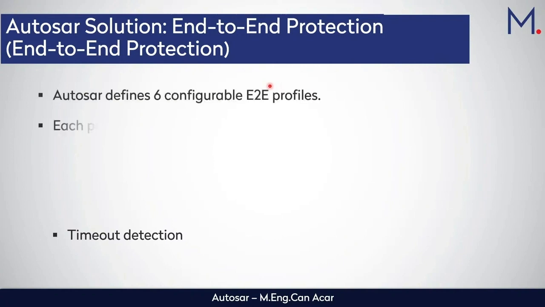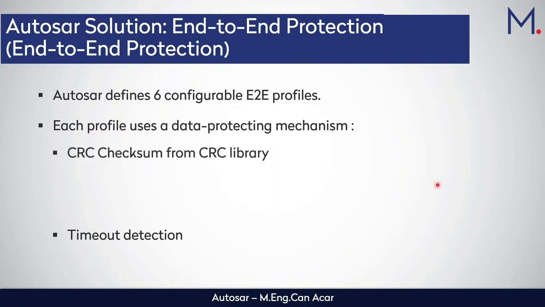The best known mechanism is end-to-end protection. So Autosar defines 6 configurable end-to-end profiles, which are also standardized to detect communication errors. Each profile uses a data protecting mechanism like a CRC checksum from the CRC library, a counter, and a special ID, a custom ID.